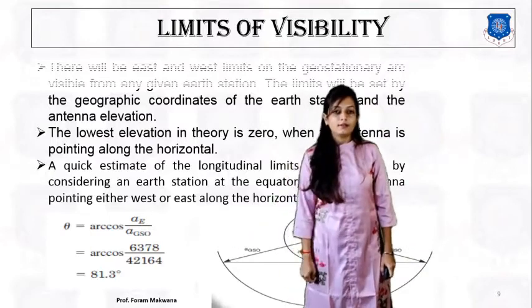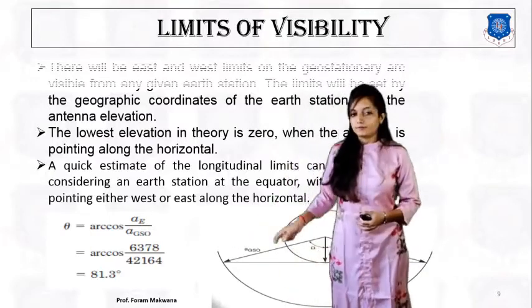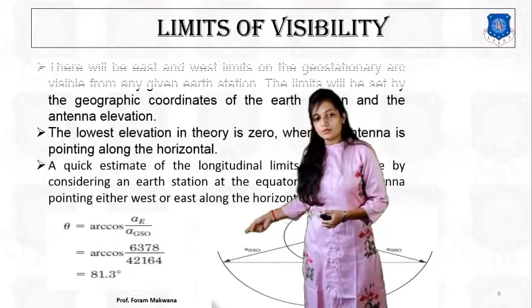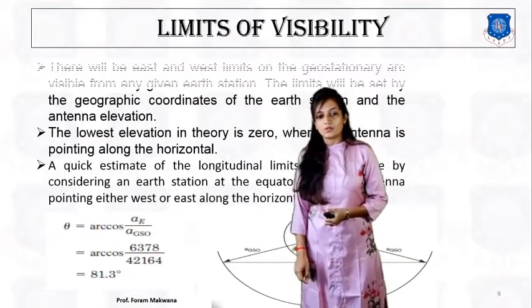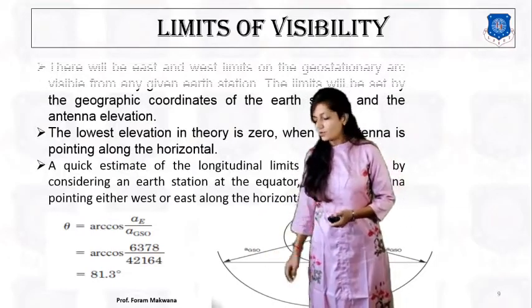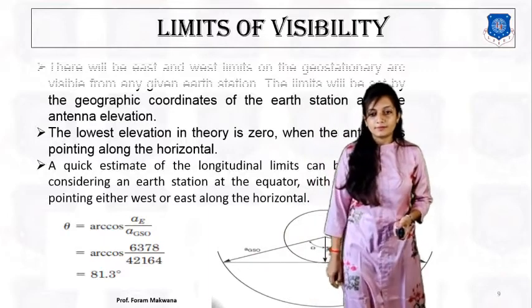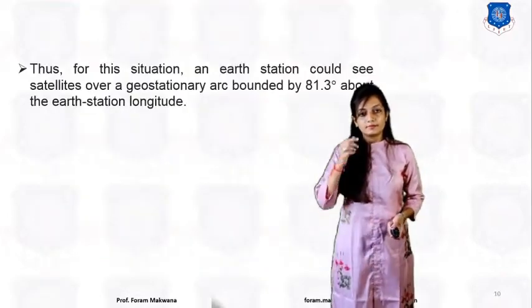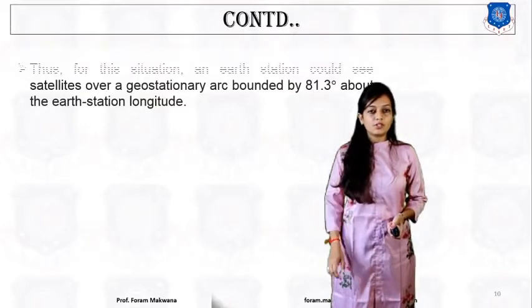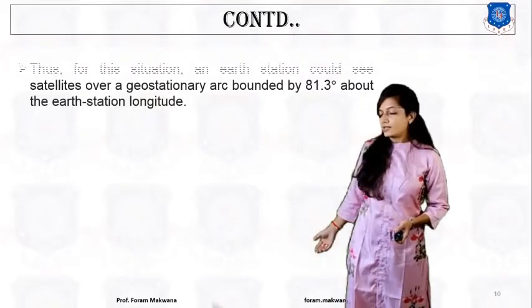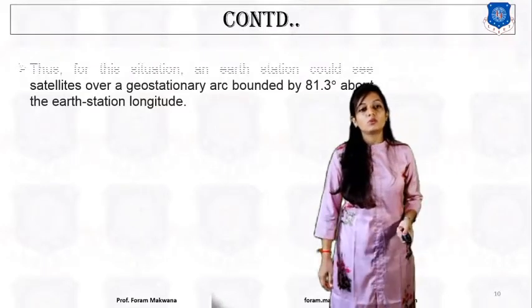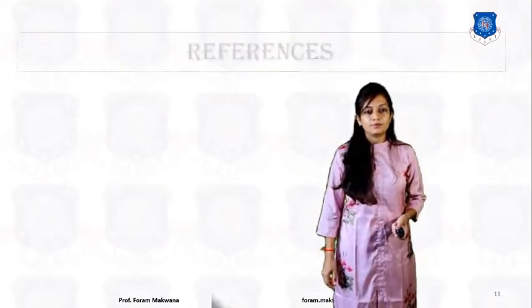What is r? The radius of the earth. What is AGSO? The radius of the geostationary orbit. So theta is equal to 81.3 degrees. So for this situation, the geostationary arc boundary is 81.3 degrees with respect to the earth station longitude.